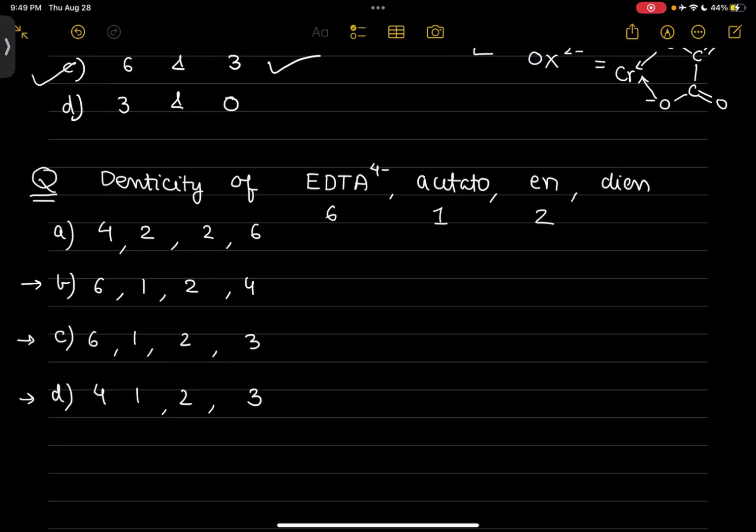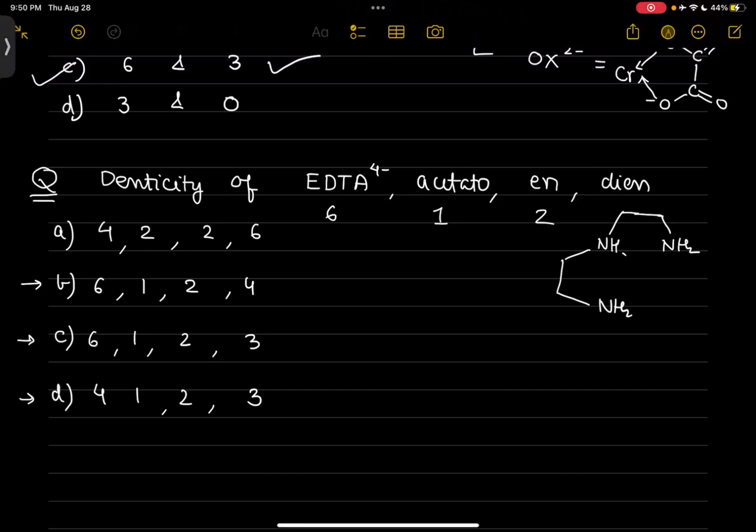Got it? It is like this. Ethylene diamine was like this. This is diethylene. Diethylene means you have the 2 ethylene parts, right? Is it clear? Yes, sir.